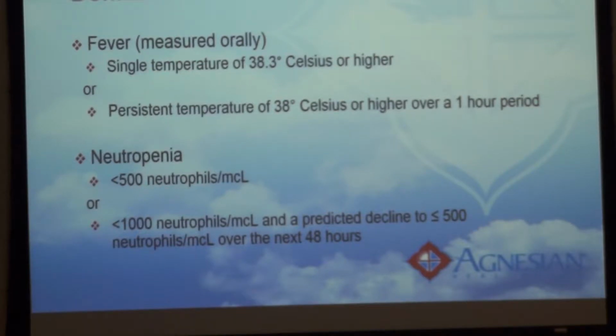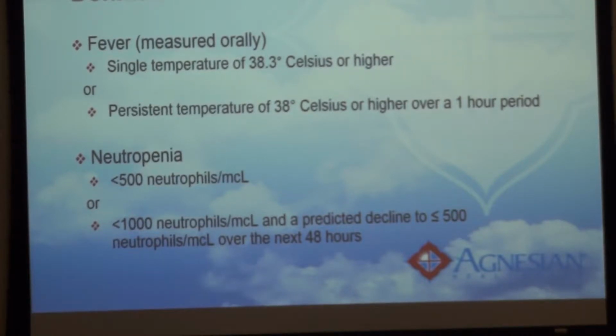Then we measure ANC to determine if they're neutropenic or not. Guidelines define that as less than 500 neutrophils per microliter, or less than 1,000 with an anticipated decrease to less than 500. Now, you may see some people say 1,000 is neutropenia, 1,500 is neutropenia.